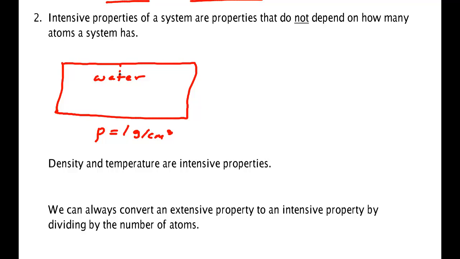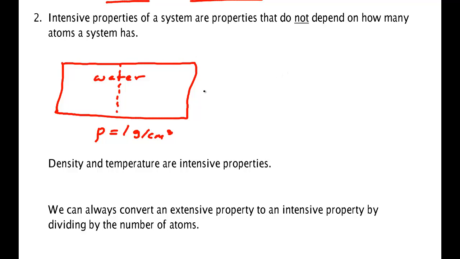And if you only took this half of the water, the density would be 1 gram per centimeter cubed. If you took only that water, it'd be 1 gram per centimeter cubed. If you took all of the water, it'd be 1 gram per centimeter cubed. It doesn't matter how big the object is.